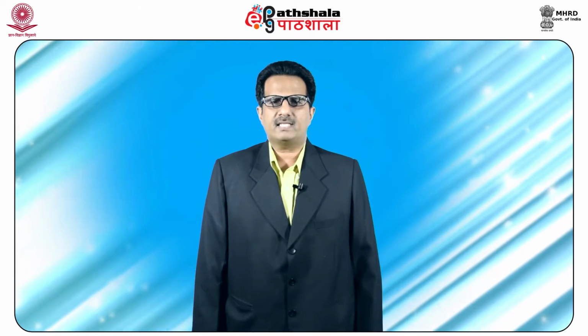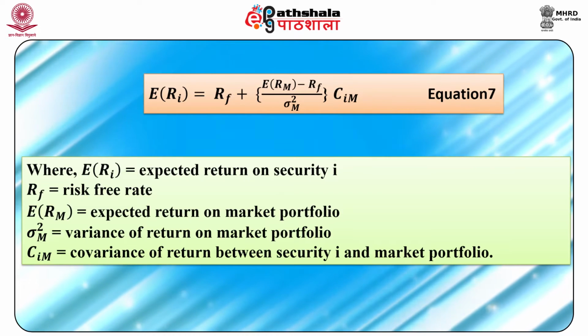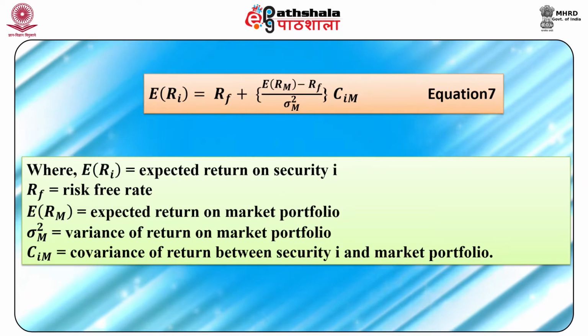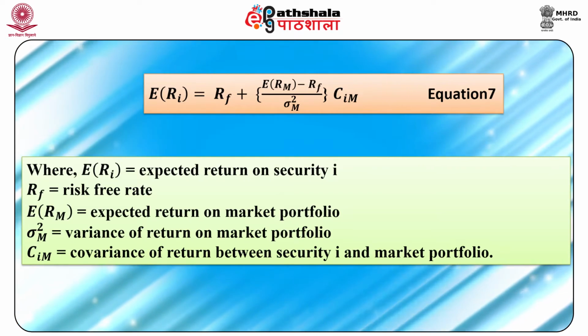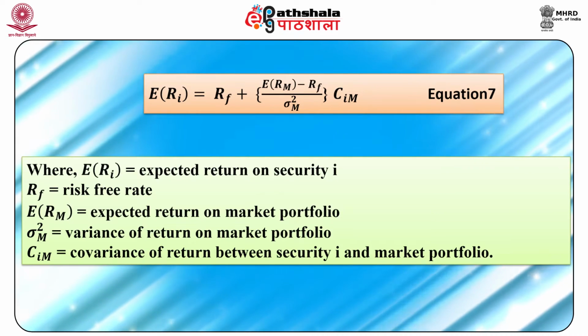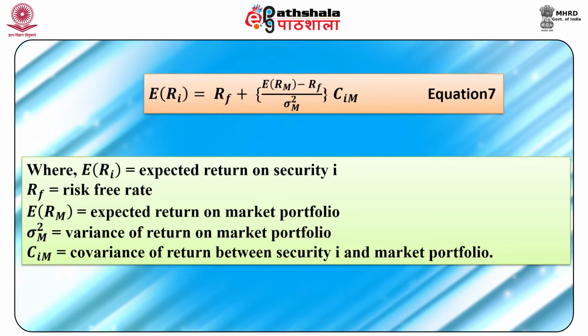It can be represented mathematically through equation 7, denoted by E(Ri) = Rf + [(E(Rm) - Rf) / σm²] × Cim.